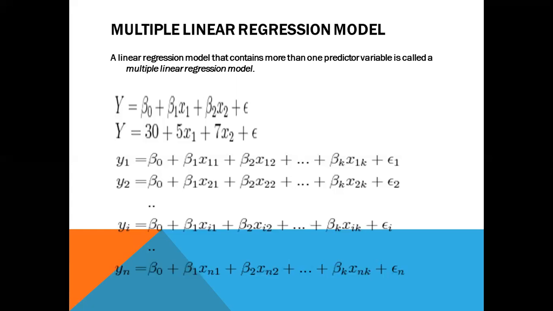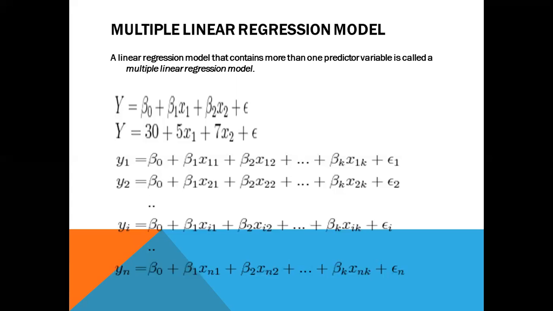Okay. So the multiple linear regression, also known as multiple regression, is a statistical technique that uses several input variables to predict the outcome of a response variable. Okay. So in the simple linear regression, we had one input and one output, one x and one y.